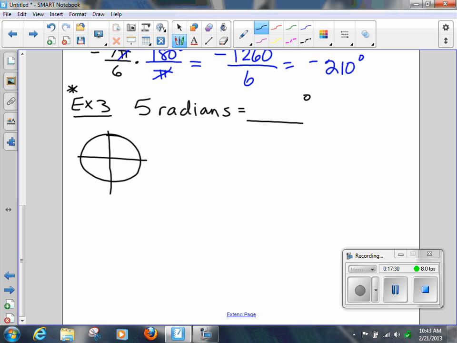Remember, if this is 6.28 over here, then I don't know, 1, 2, 3, 4, 5, 6, 7, 8, 9. And this is from the tick mark unit circle.